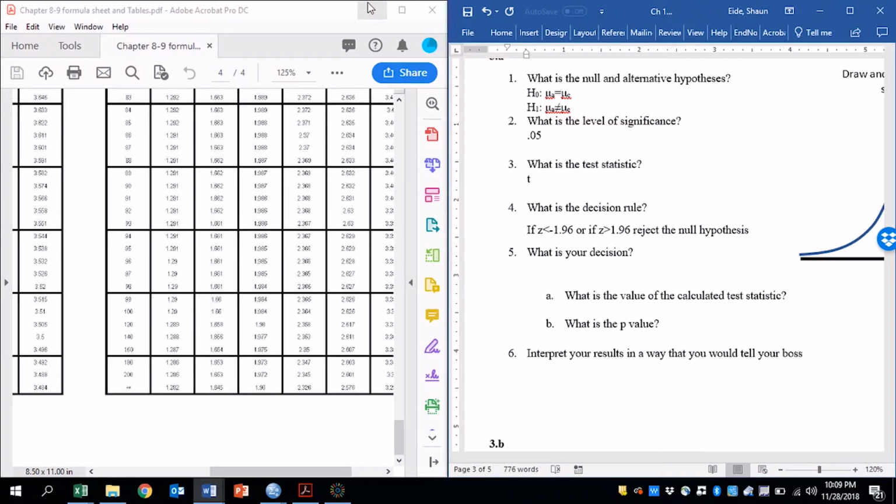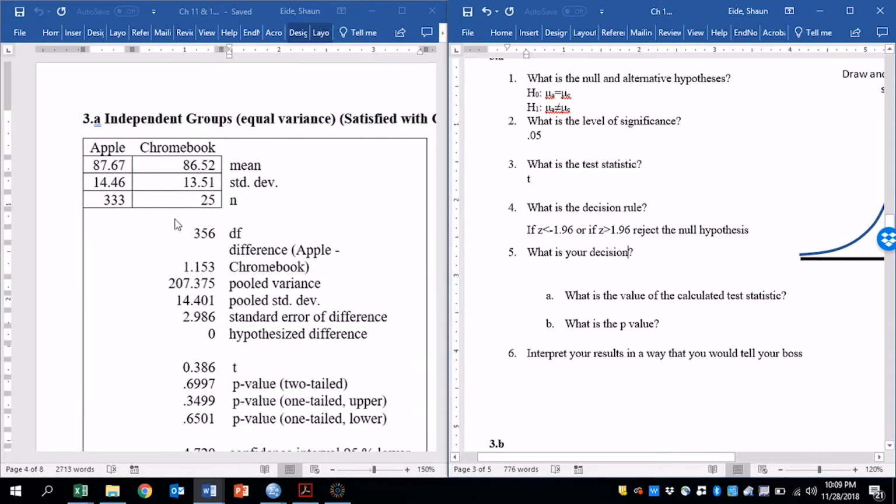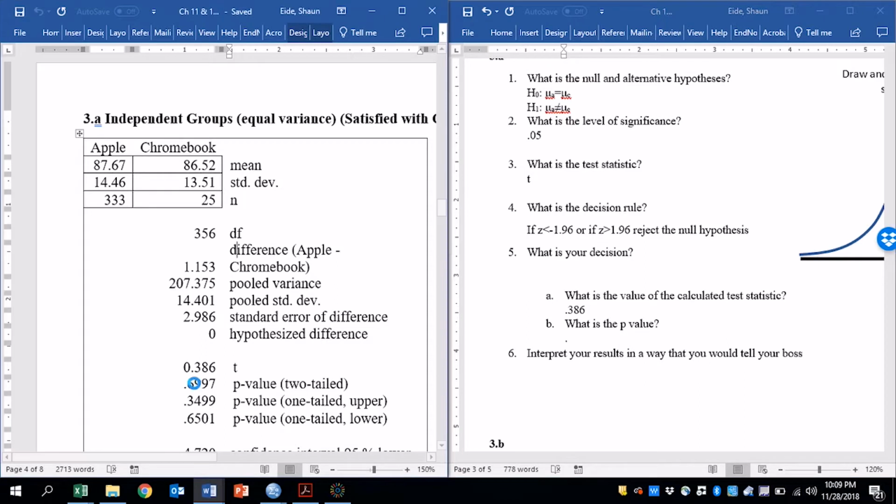So let's take a look at the T statistic. The T statistic is 0.386. Now, is this a one-tailed or a two-tailed test? This is a two-tailed test. So the p-value for the two-tailed test, you can see it right here, is 0.6997.